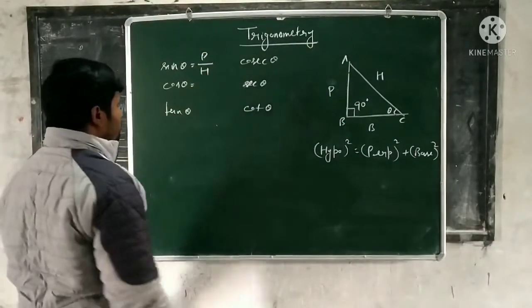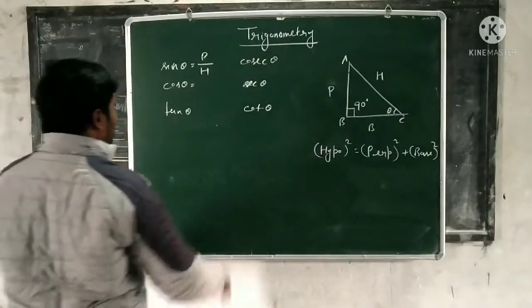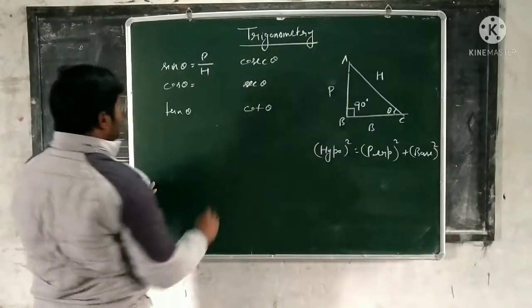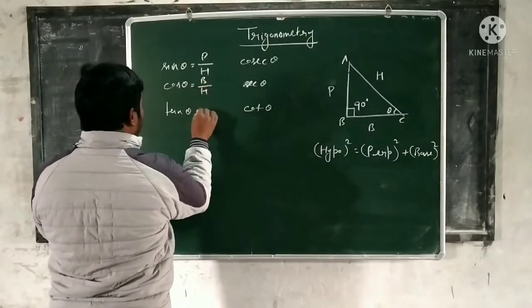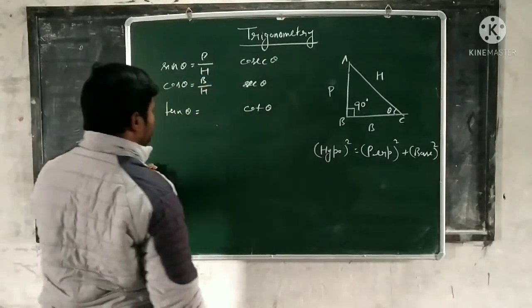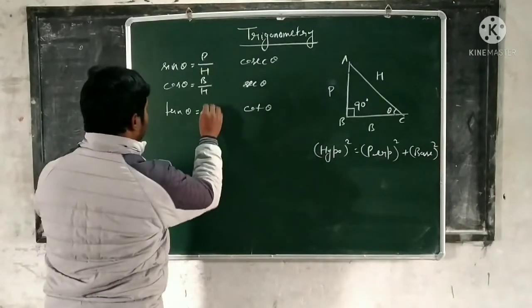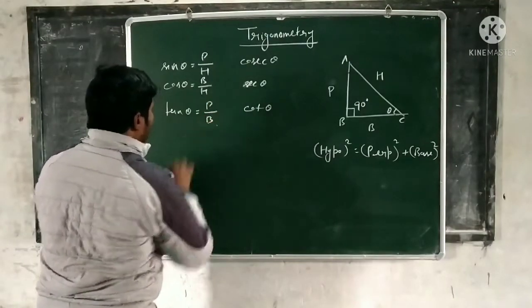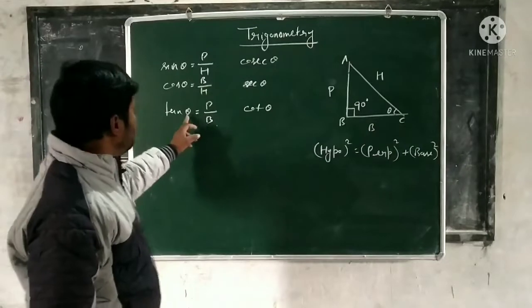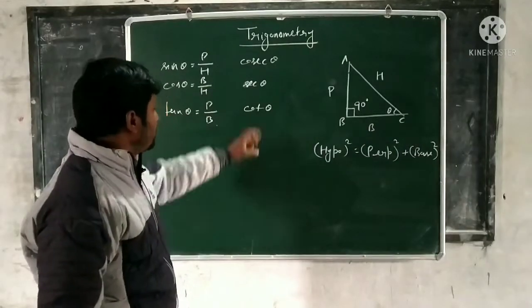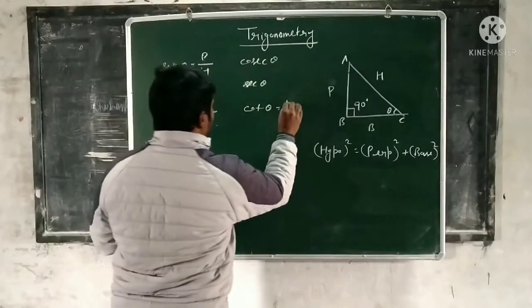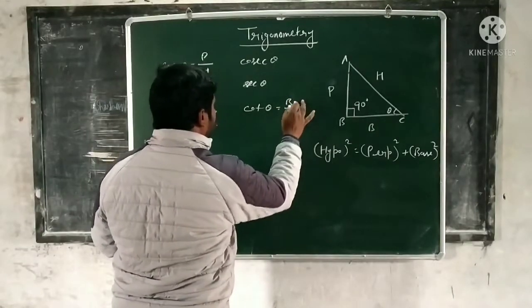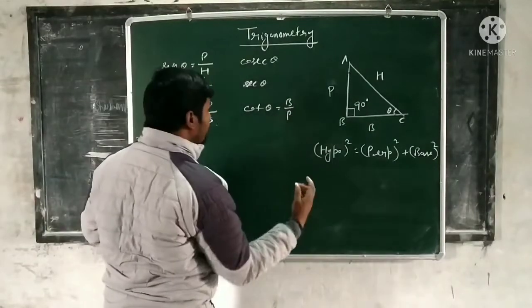Cos theta is equal to base upon hypotenuse. Tan theta is equal to perpendicular upon base. Then tan theta is the opposite of cot, so cot theta is B by P, B for base, P for perpendicular.